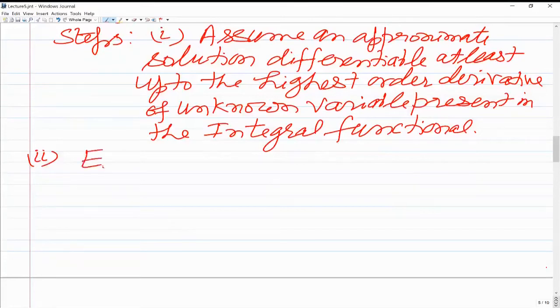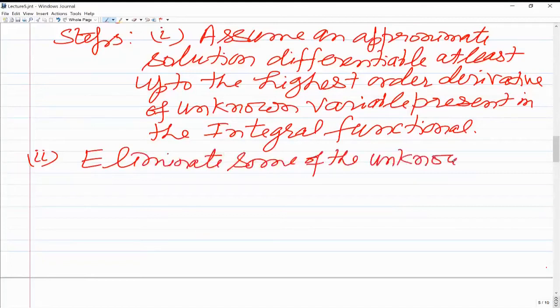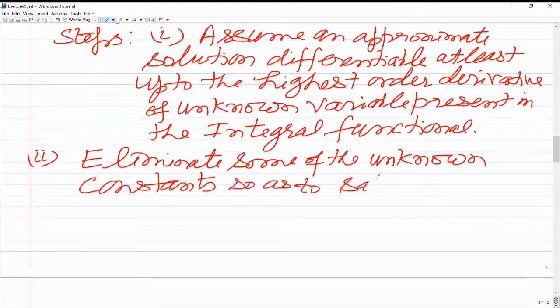So eliminate some of the unknown constants so as to satisfy the essential boundary conditions.